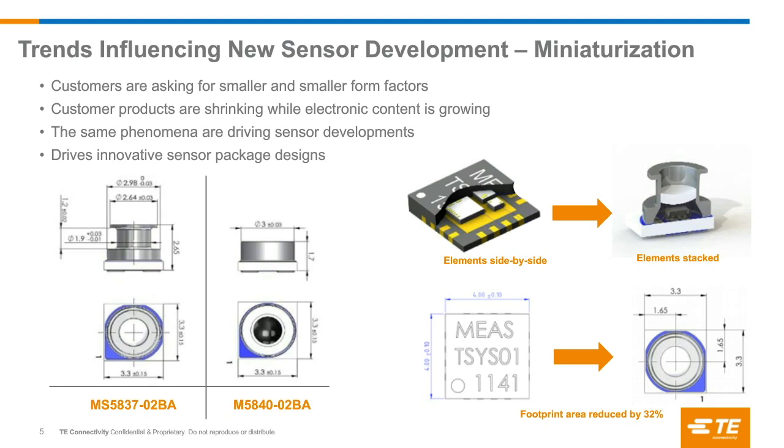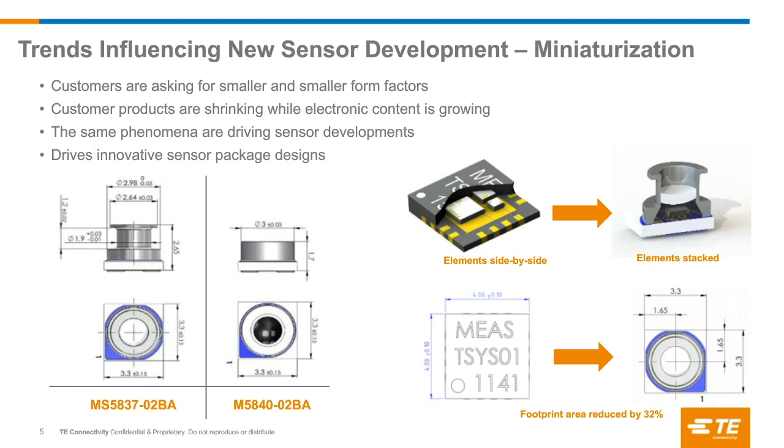If you think about what's happened in the cell phone business, every time a new model cell phone comes out, it has more and more features built into it, more electronics are in it, but it's usually a smaller form factor. To accomplish that, our customers are pushing us to make our sensors smaller, and take up less footprint on a printed circuit board.